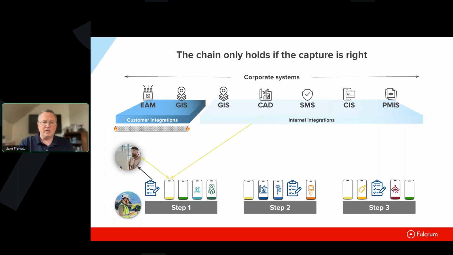Then you've got information coming to and from the CAD that has to get out to the field. The field worker has to capture information that's related to the CAD, so maybe they use a specific CAD mobile client to do that. Similarly with the EAM, there's information that has to flow from the customer EAM out to the person who's doing the initial work.